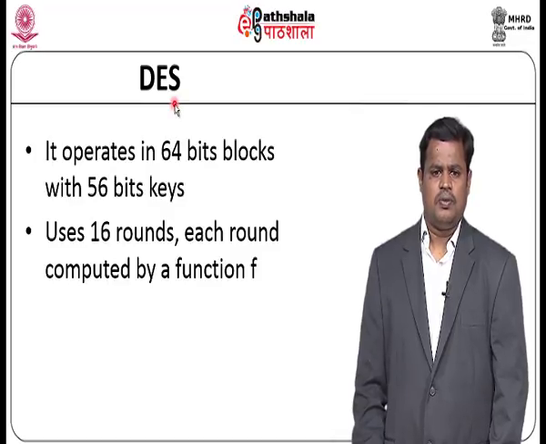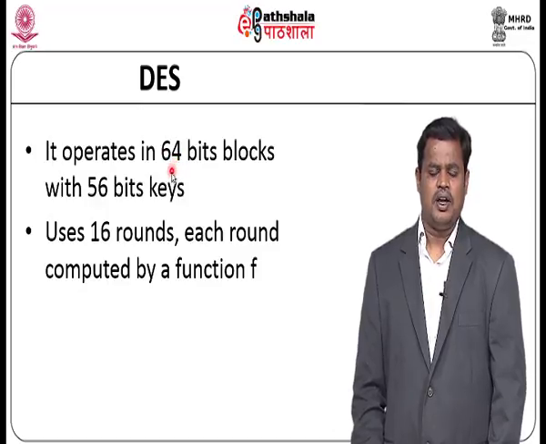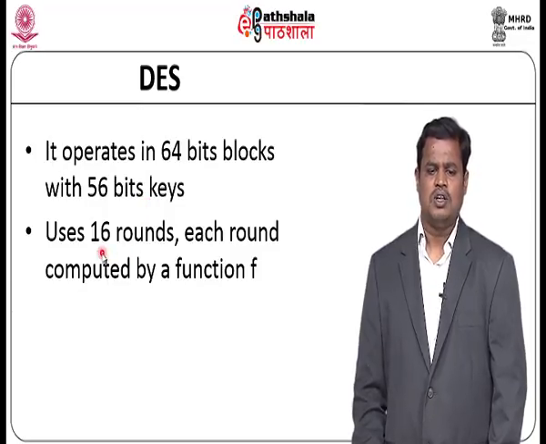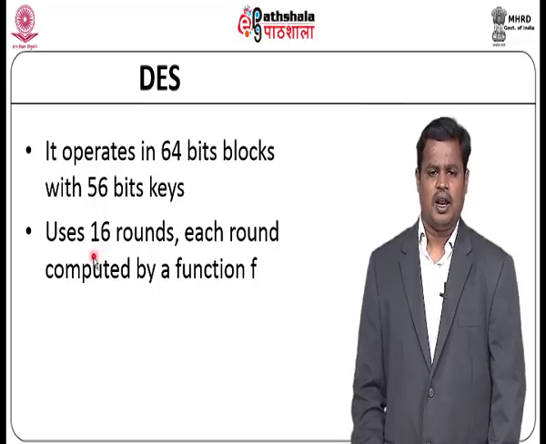For study purposes, there is a topic which discusses this simplified DES. Instead of using a 64 bit data block and a 56 bit key, they use a smaller key and a smaller block of data with fewer rounds, so that we can understand the working principle of the Data Encryption Standard.